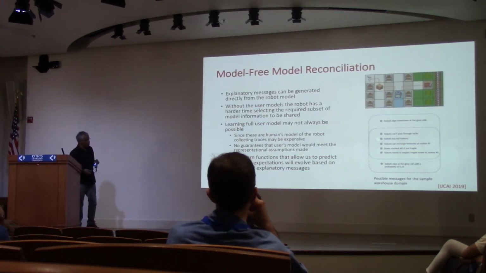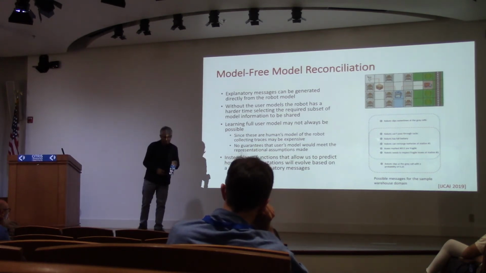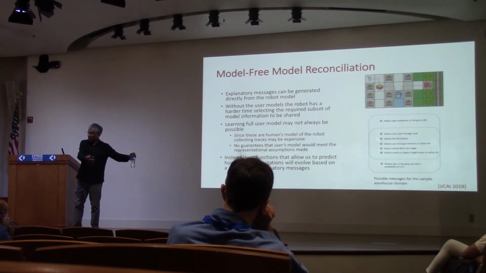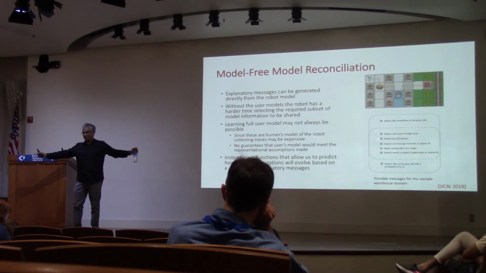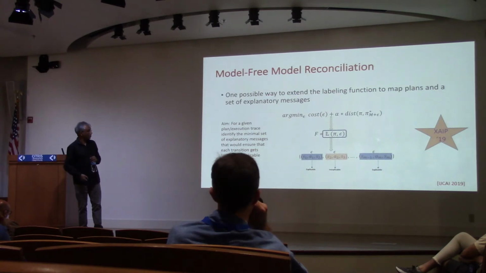In terms of model-free model reconciliation, as I mentioned, you could provide not just the traces to label during the training, but traces with an explanatory action, and then see how the labeling works. You can use that to figure out what the explanatory actions actually mean to the human brain. This is the very nice idea that Sharath did for his IJCAI paper that he'll be talking about tomorrow.